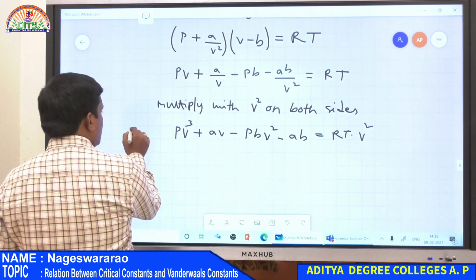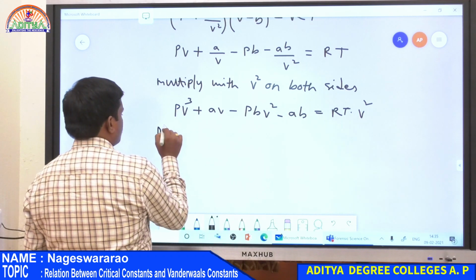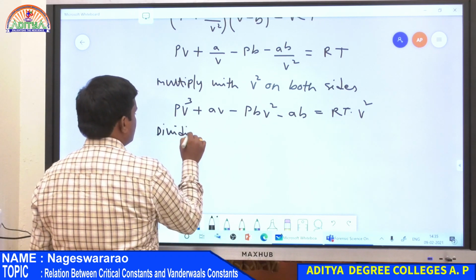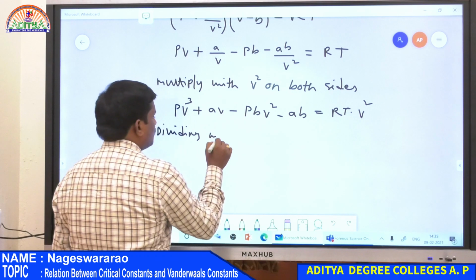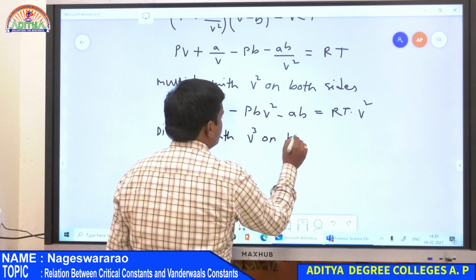Now dividing this equation with V cube on both sides.